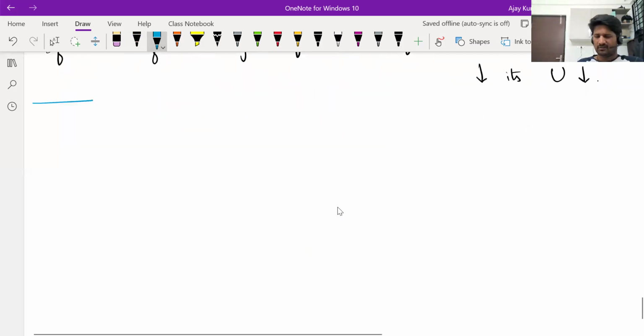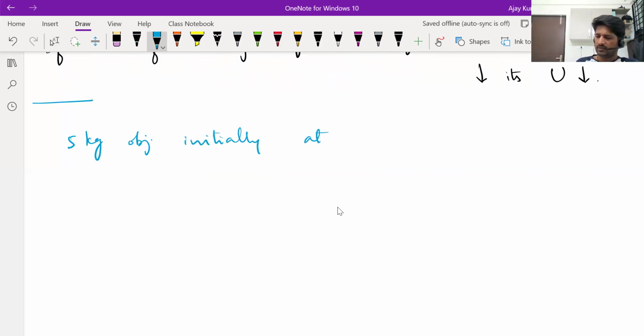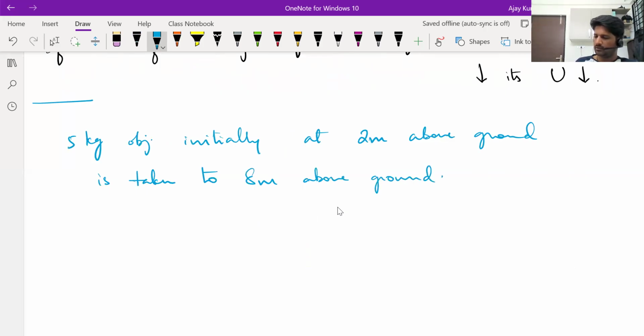Solve one question. You can try to answer this directly. A 5 kg object initially at a height of, let's say, 2 meters above ground is taken to a height of 8 meters above ground. Both heights are given with respect to ground.